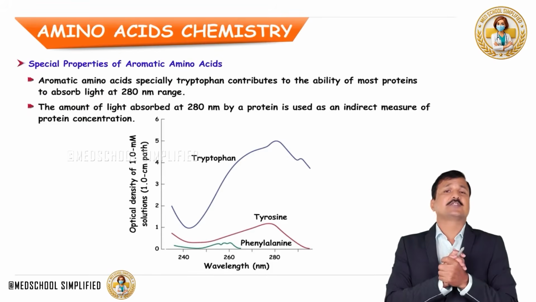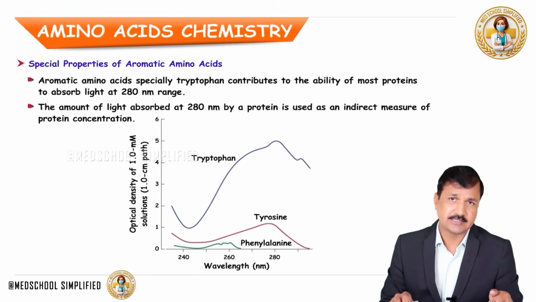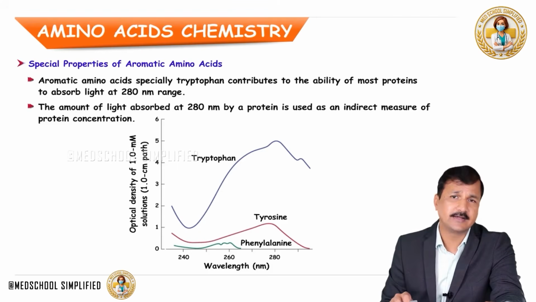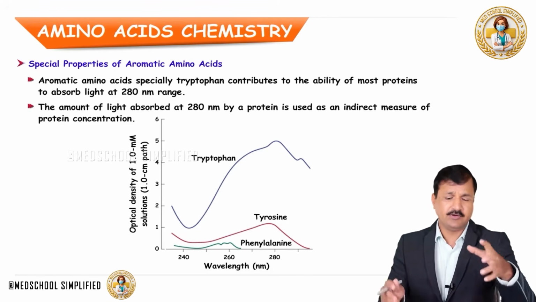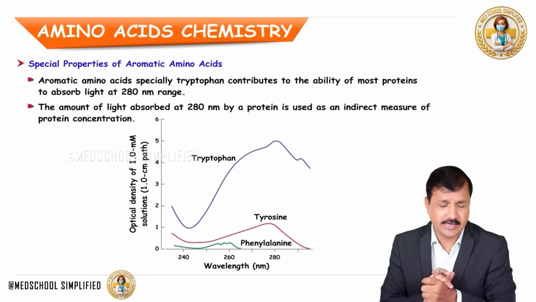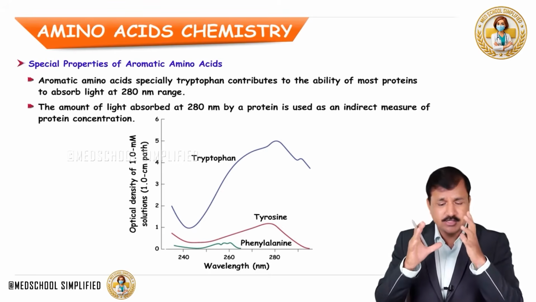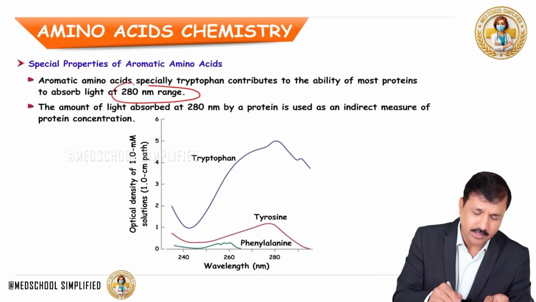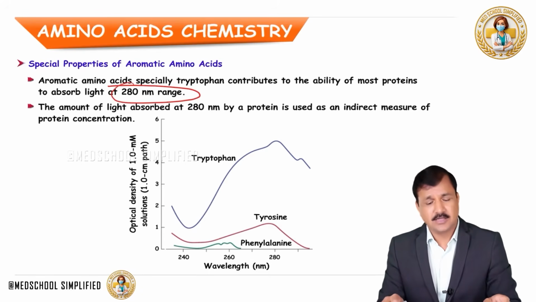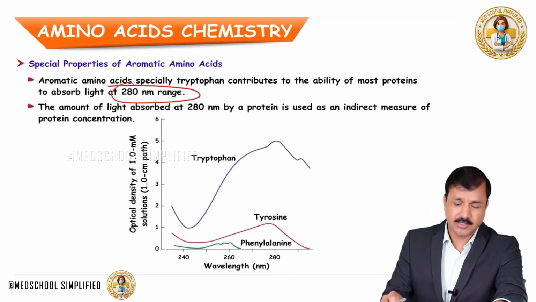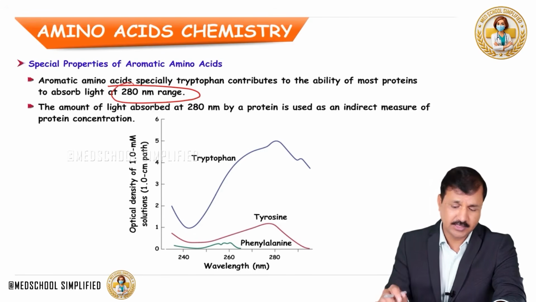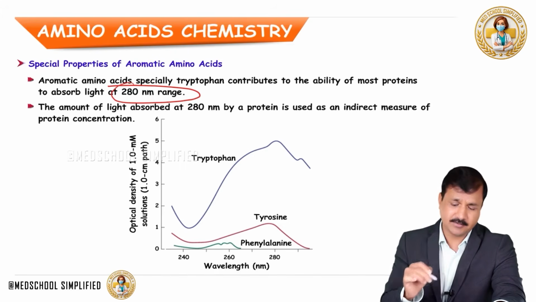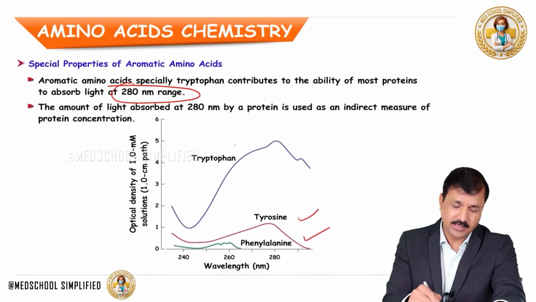Now, coming to some of the special properties of amino acids. One special property of amino acids is absorption of ultraviolet light by proteins. Whenever proteins are exposed to ultraviolet light, they show a characteristic absorption band around 280 nanometers. The 280 nanometer absorption of proteins is usually contributed by aromatic amino acids. We have three aromatic amino acids: tyrosine, phenylalanine and tryptophan.